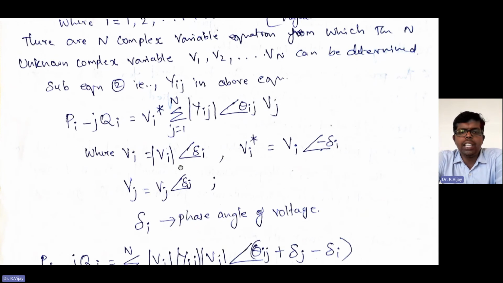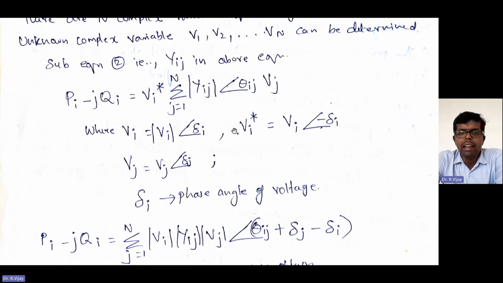Where Vi is equal to |Vi| into angle delta i, Vi star is equal to |Vi| into angle minus delta i. Next, Vj is equal to |Vj| into angle delta j. Here delta i is nothing but the phase angle of the voltage.